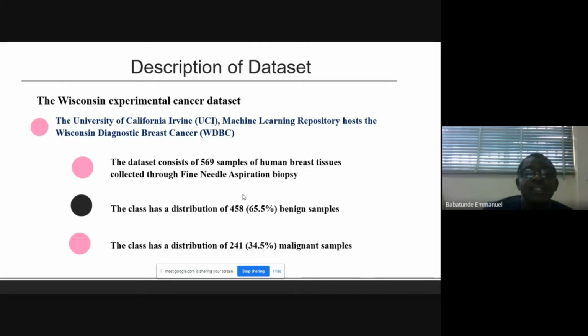In the dataset, 458 samples are labeled as benign, and 241 samples are labeled as malignant. Now, 65.5% are benign samples and 34.5% are malignant samples. That is what has been given to us as experimental data, and that is what we are going to use. We can as well collect our own, but for the purpose of this presentation, we'll use this experimental data.